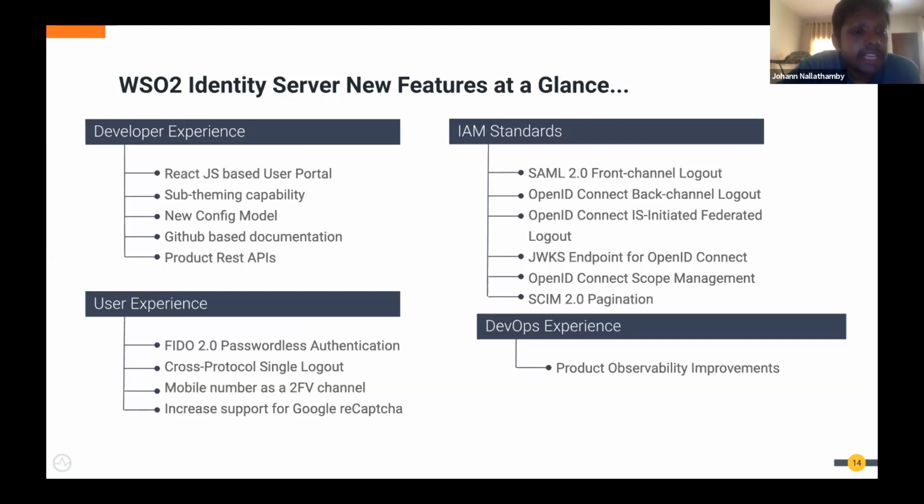As I mentioned, we introduced the sub-theming capability for easily applying your themes and UI level customizations. And a new config model, which we call deployment.toml. This is a single configuration file to configure the entire WSO2 product in a single file.